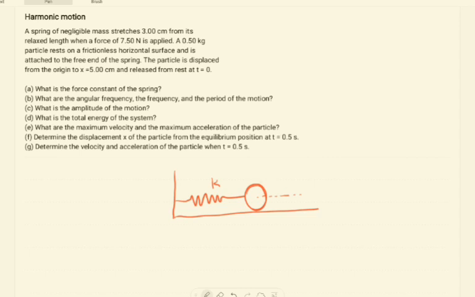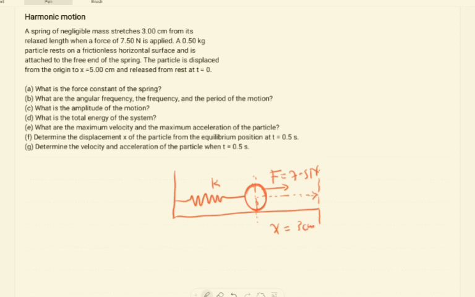So here the particle begins to displace by applying a force of 7.5 Newton. It has a displacement of x equals 3 centimeter.